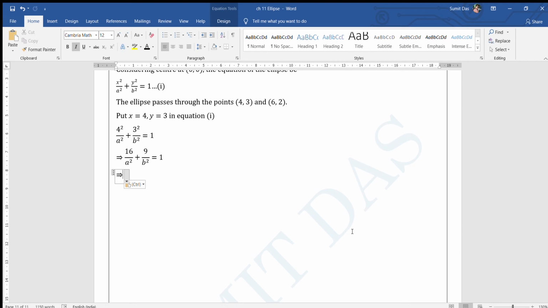Keep the equation like this. I'm solving this question in a slightly different way.